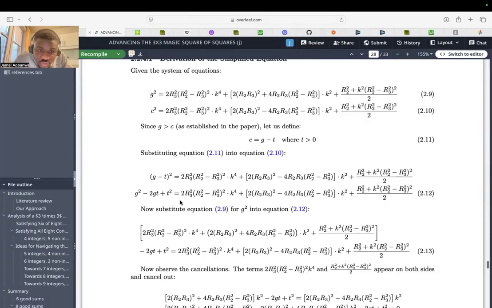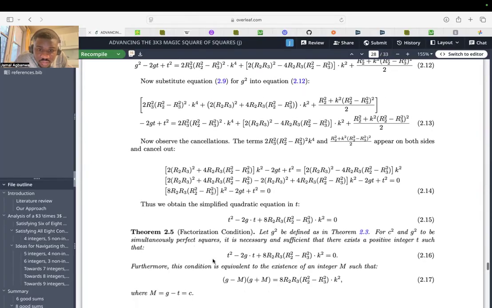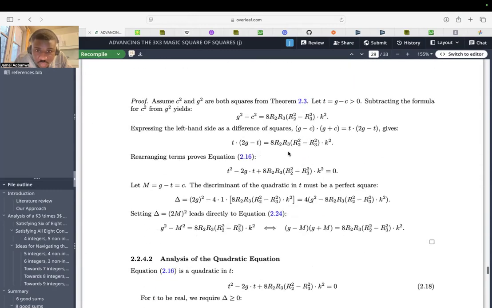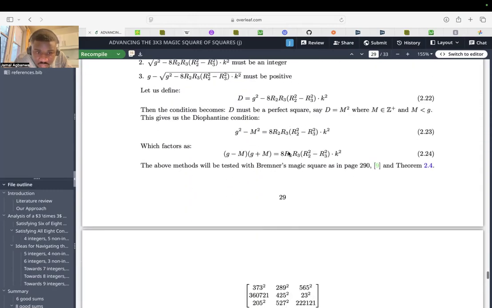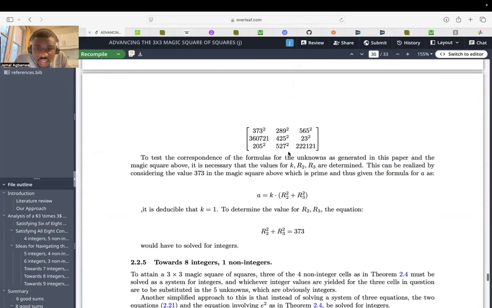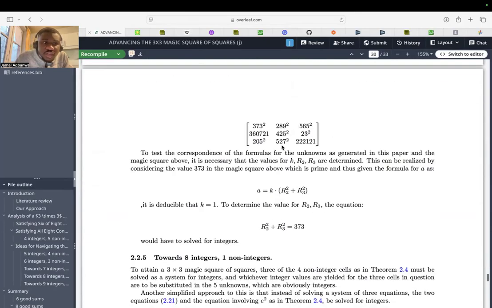We did this expansion over here, and then we got this. We worked things out. So we decided to just test our idea on an already known example, and this is the already known example by Andrew Bremner. So you're able to determine now for the case equal to one, to be able to test our equations, our formulas for the unknowns on this particular example.